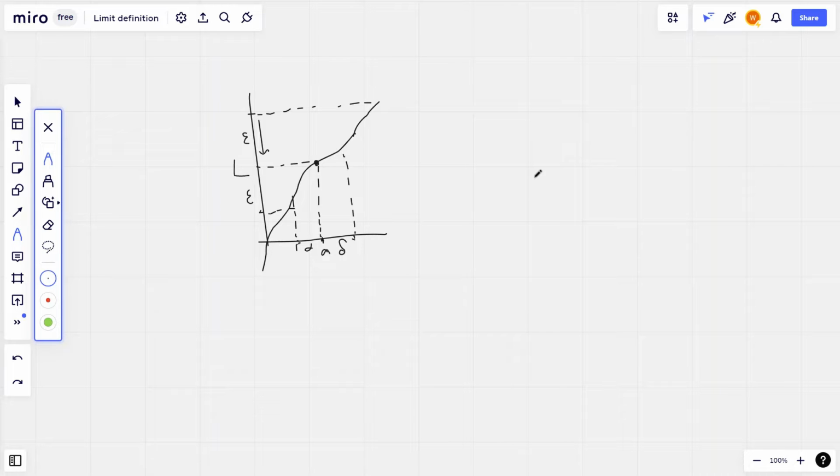If we're given some epsilon greater than 0, because obviously this is not going to be negative, then I'm going to say that there exists some delta for which this limit is contained within this interval.